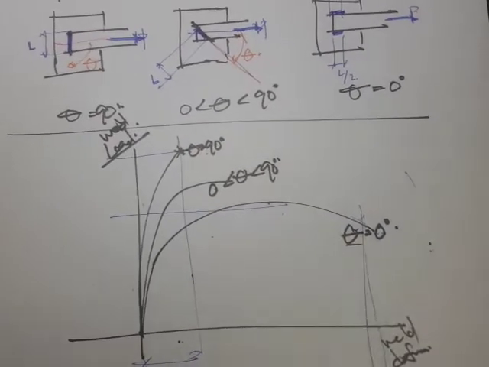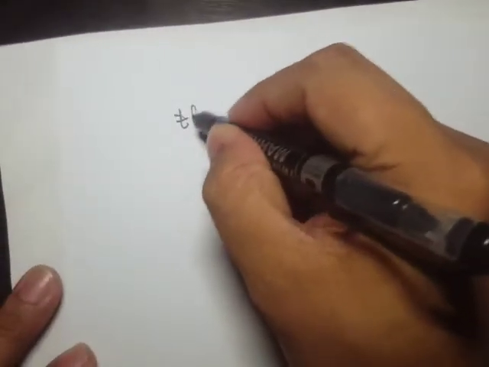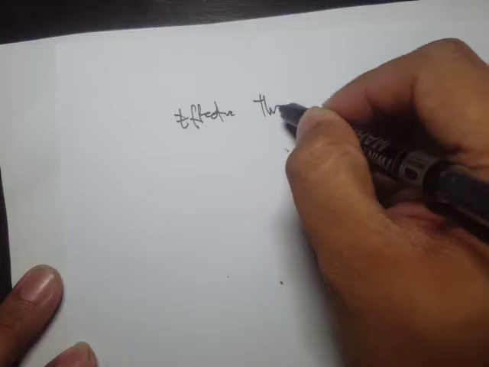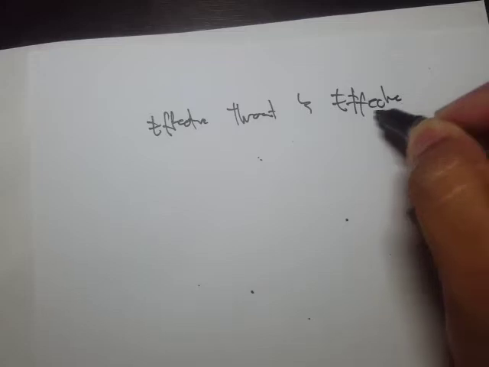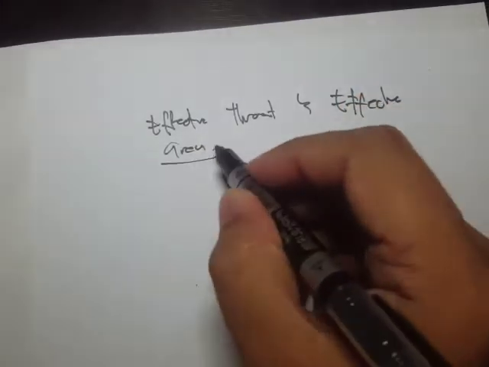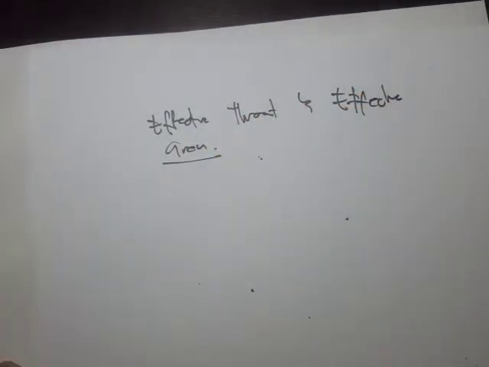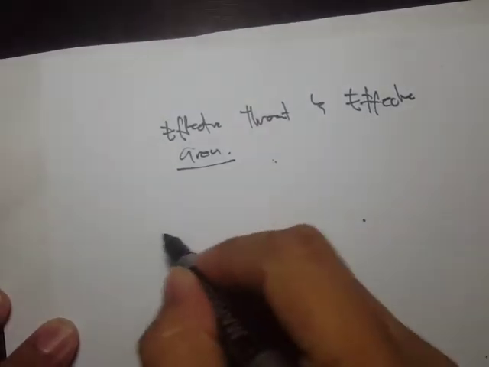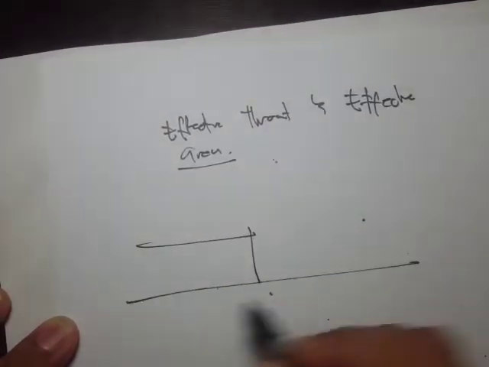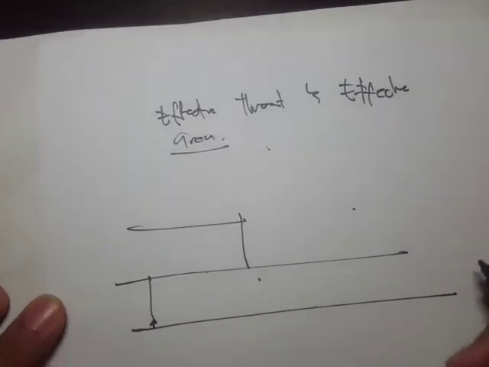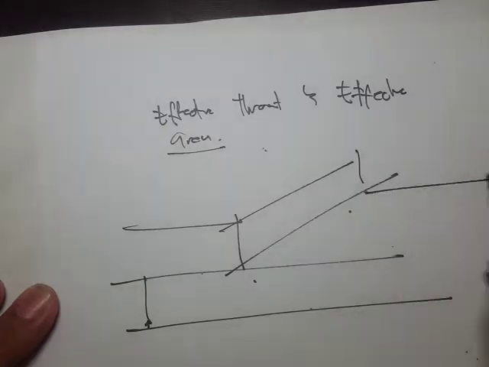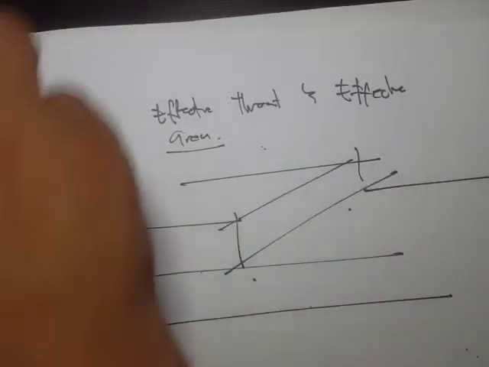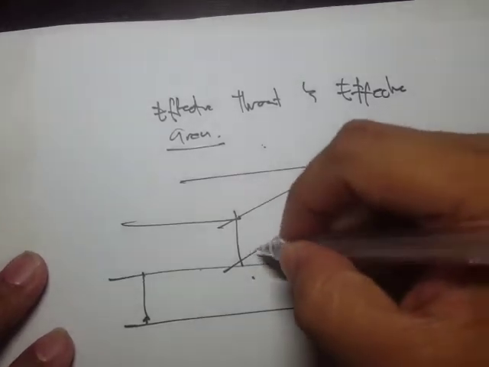Alright, now let's move on to the concept of effective throat and effective area. Okay, so let me draw this first. This lap joint, and let's say this is my fillet weld over here.